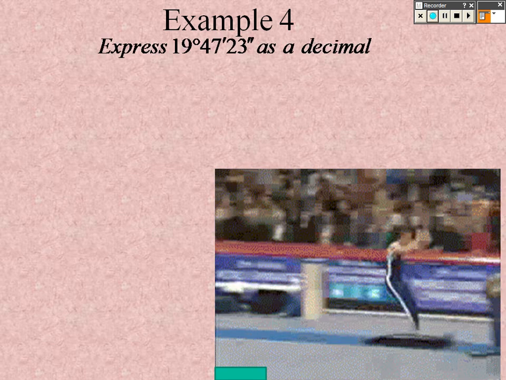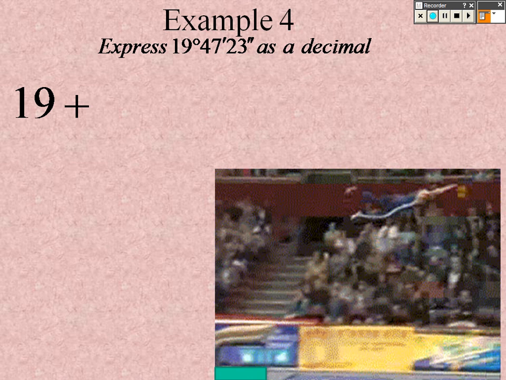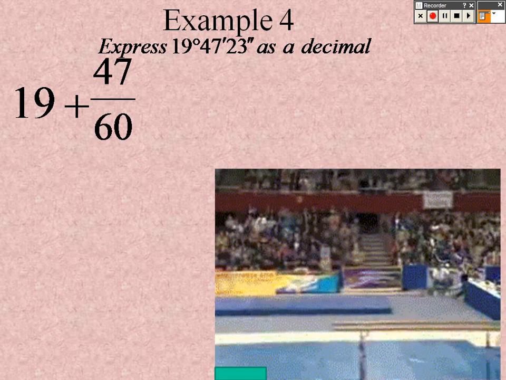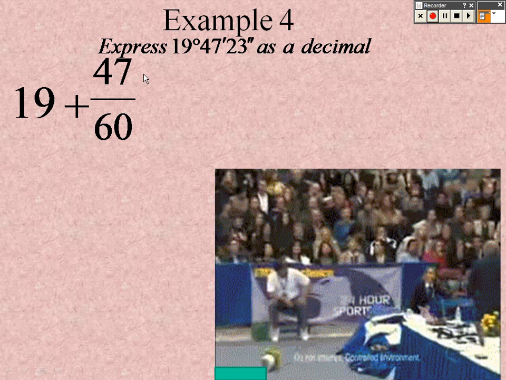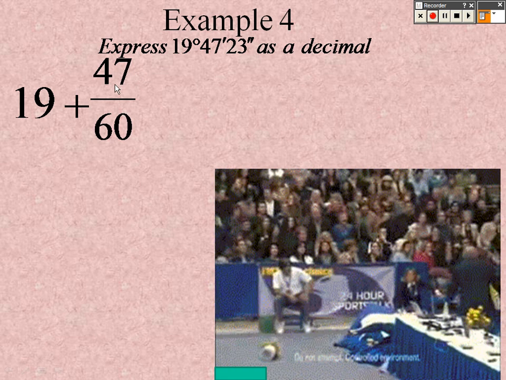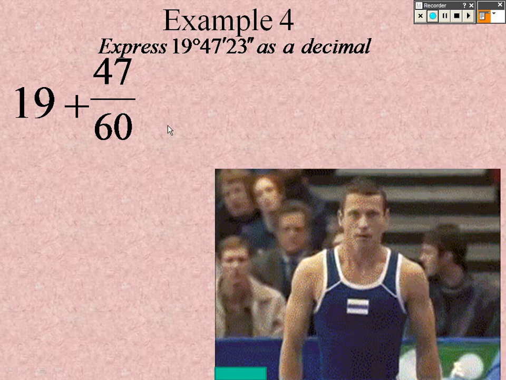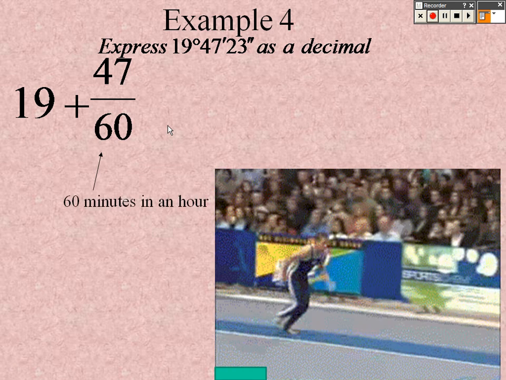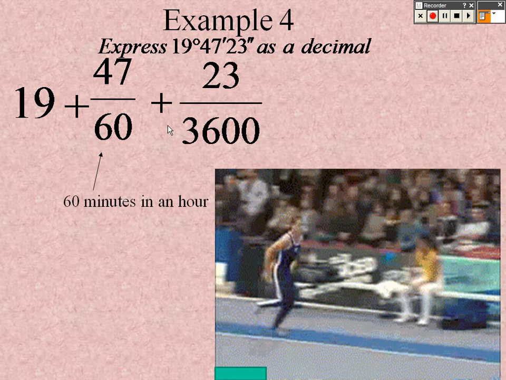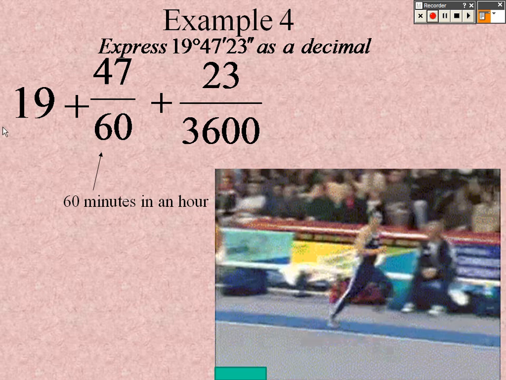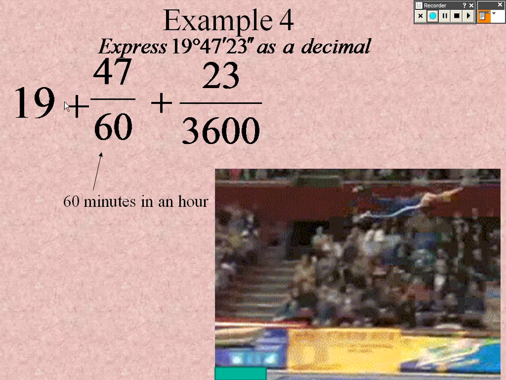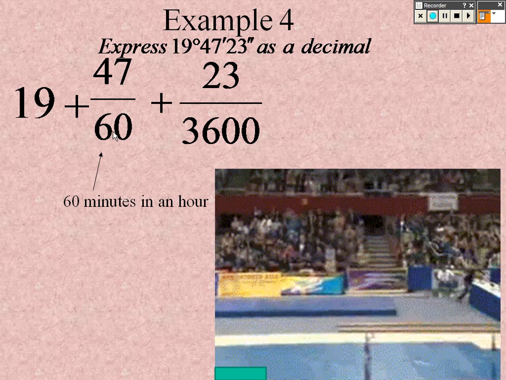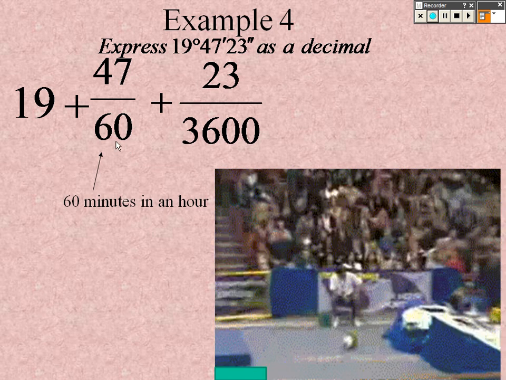So change that into a decimal now, going backwards. 19 plus, okay, how many minutes did we say were in an hour? 60, so 47 over 60 plus, because there are 60 minutes in an hour. How many seconds are there in an hour? 3,600, right? Because in 1 hour you have 60 minutes, but then there's 60 seconds in each minute.